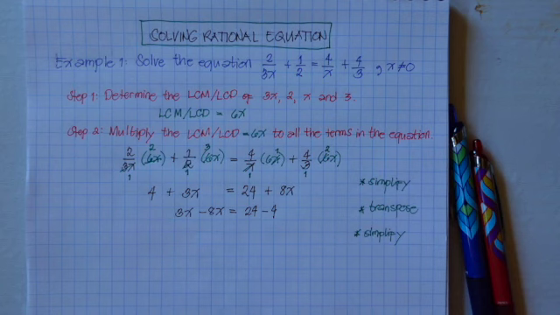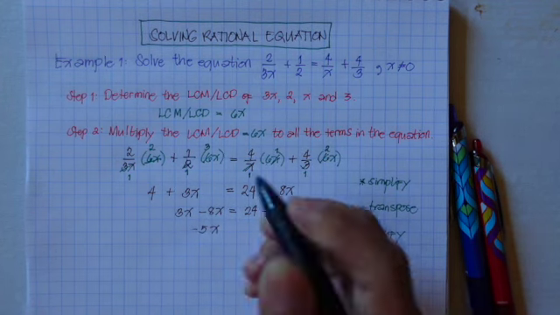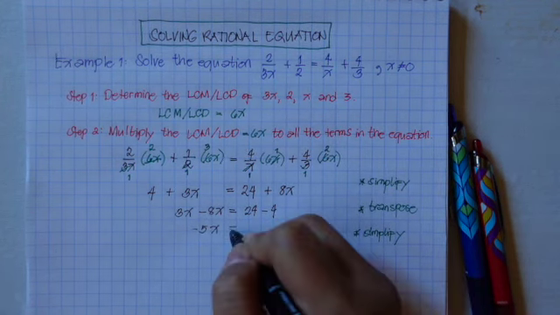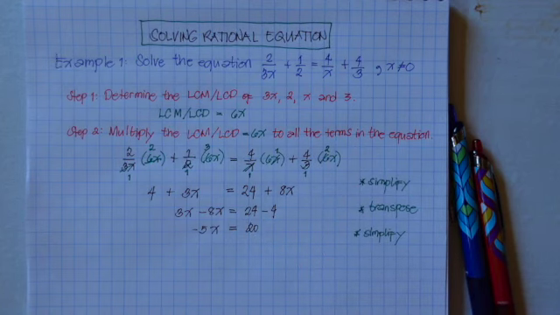So remember, in adding integers or signed numbers, different sign, subtract, copy the sign of the number that has a bigger absolute value. So in this case, we have negative 5x equal to 20 from 24 minus 4.